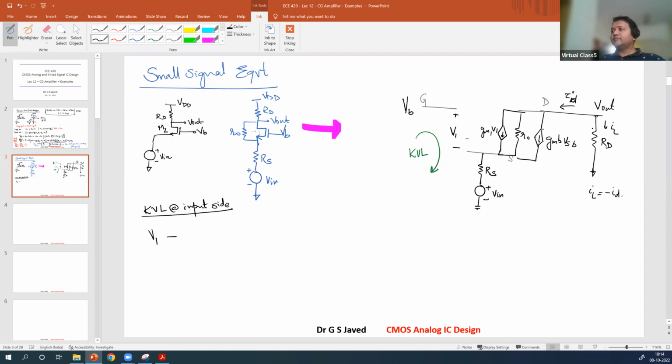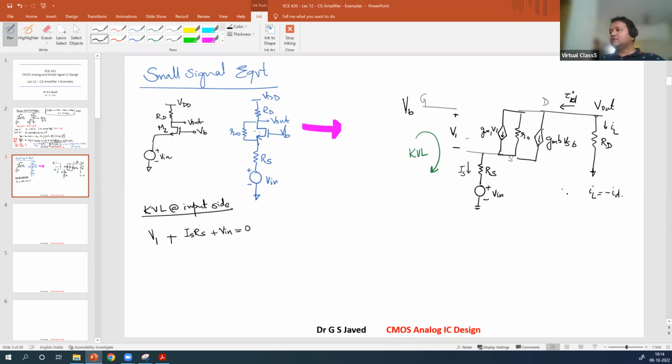This is a current, right? So we'll do it this way. V1 plus ISRS plus Vin equal to 0. Now this IS that we get here flowing to here is the same current ID. ID is IL.